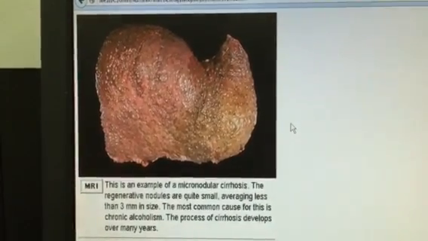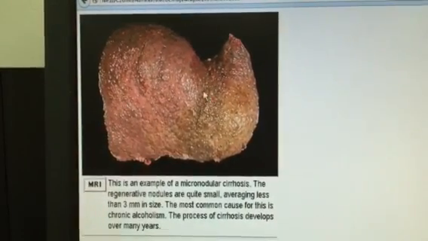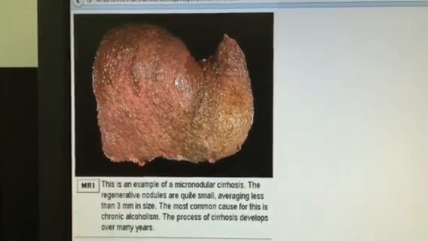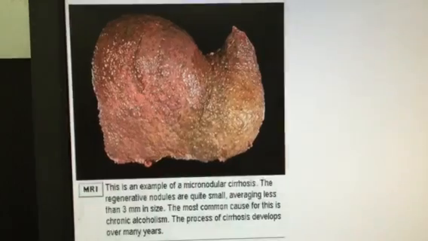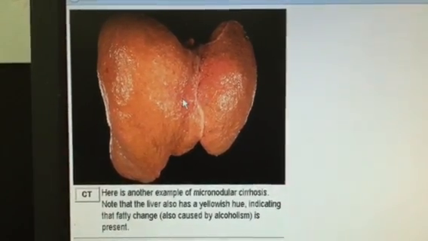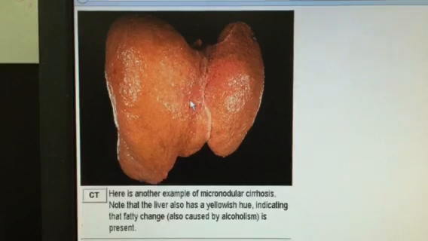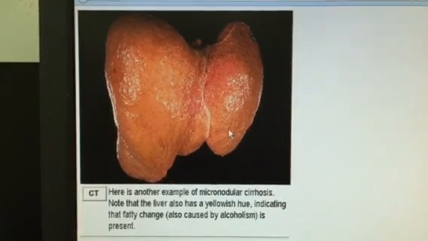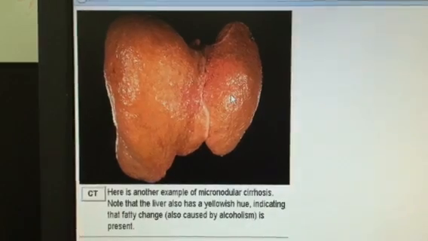This is a cirrhosis, again, of the liver. As we said, the first common cause of it is alcoholism. This is a micronodular cirrhosis. Why? The size of the nodule is less than 3 millimeters. Again, the same etiology is alcoholism.